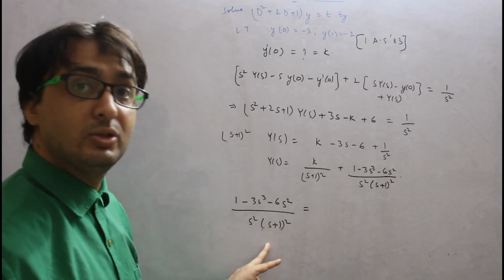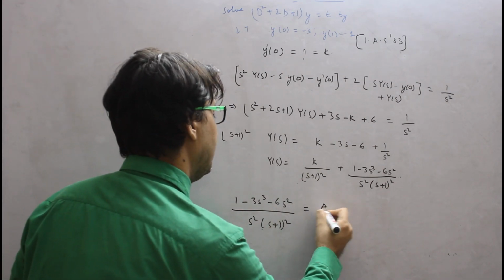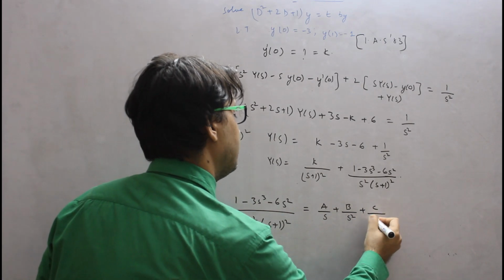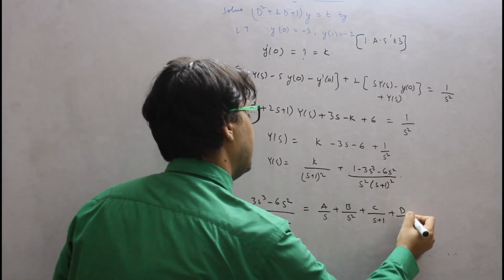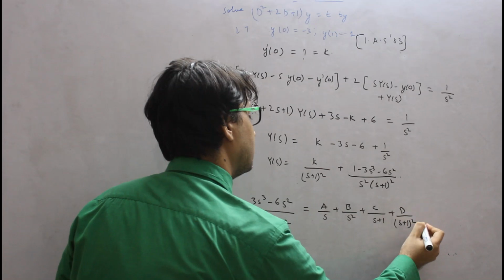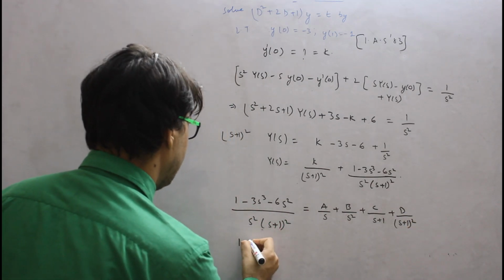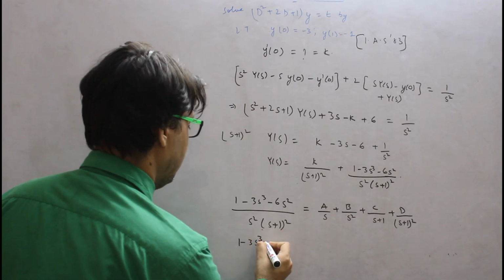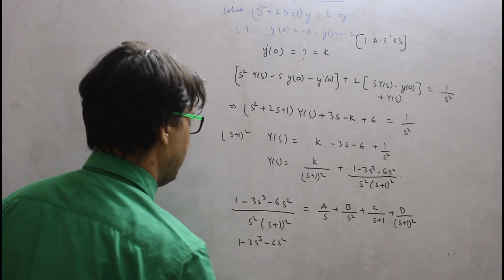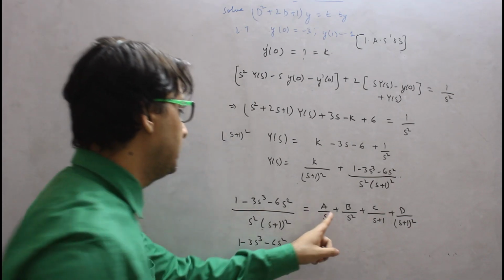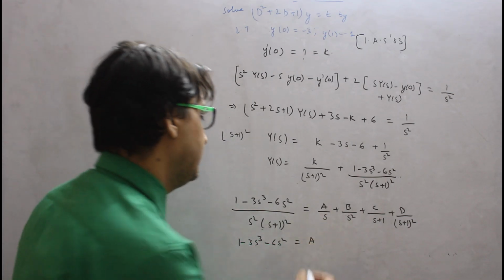We can decompose it and write it as A by s plus B by s squared plus C by (s plus 1) plus D by (s plus 1) whole squared. Now we can write this as 1 minus 3s cubed minus 6s squared is equal to A times, here we have to be careful, how much is to be multiplied? s.